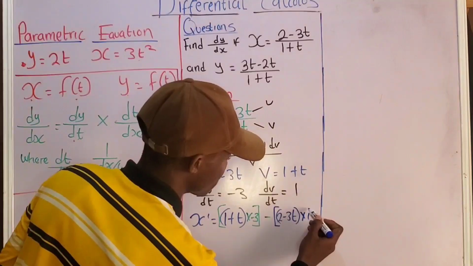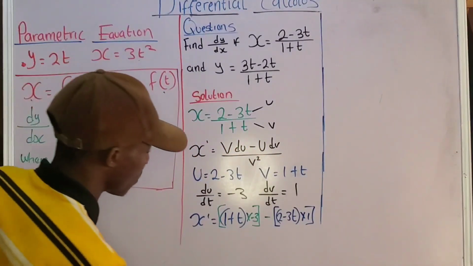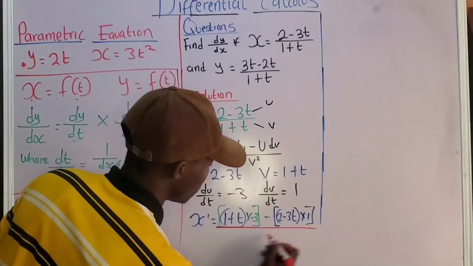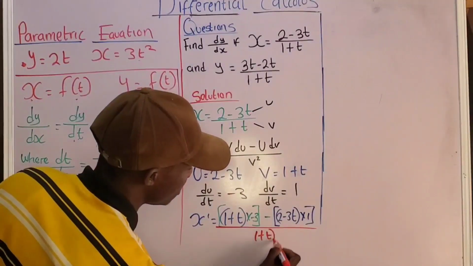Okay, put all in bracket. Now all over v squared, v is 1 plus t, so I'm going to have (1 plus t) squared.